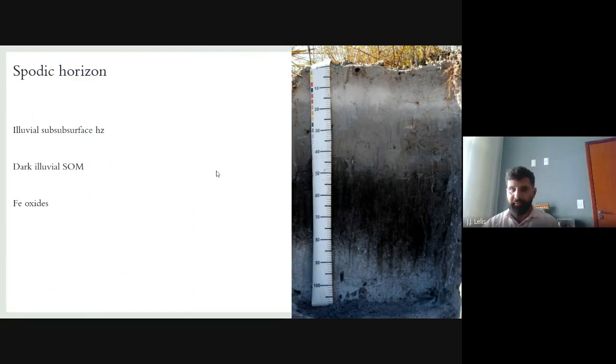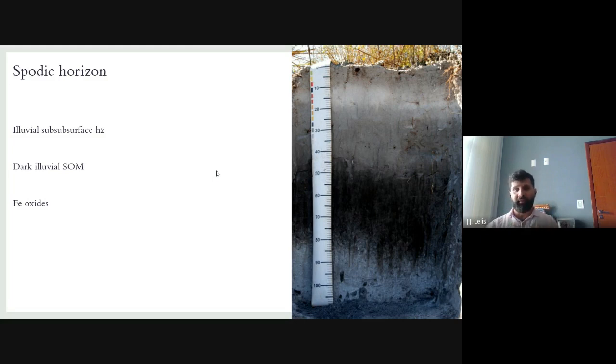Okay. Other, oh, perfect, perfect. Another horizon that's quite interesting and is related to illuvial migration, like the argic horizon, is the spodic horizon. The argic horizon is a horizon that's formed by illuviation of clay. And you can say, we saw that in the argic horizon. Okay, I agree with you.